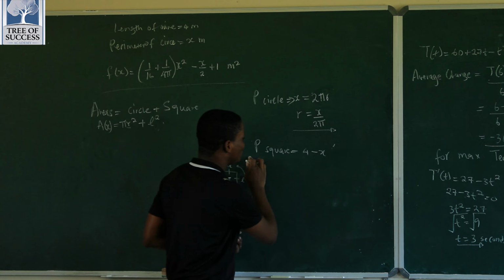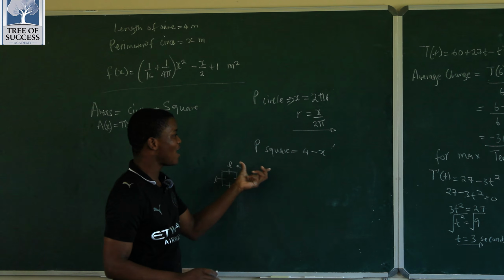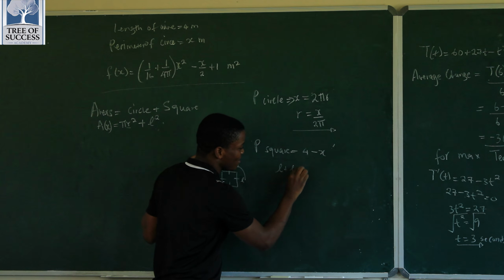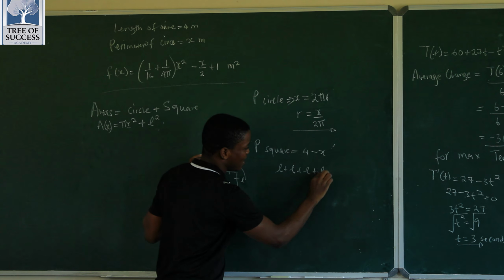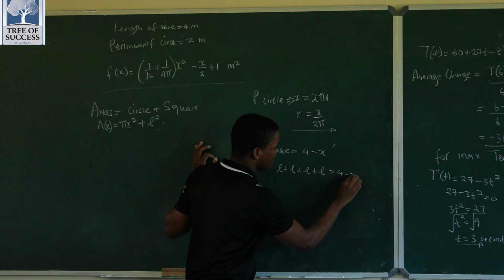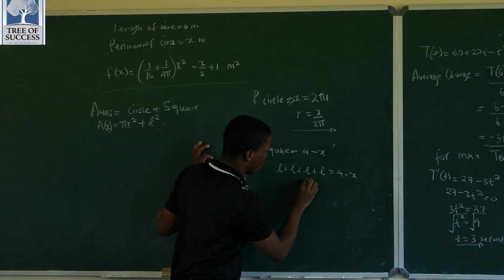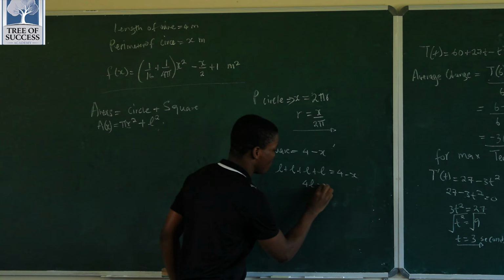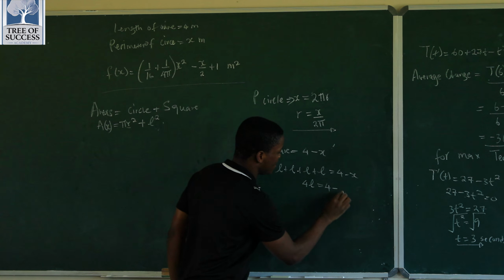So the perimeter of a square is length plus length plus length plus another length, and this must equal 4 minus x. So that is 4l, 4 times length equals 4 minus x.